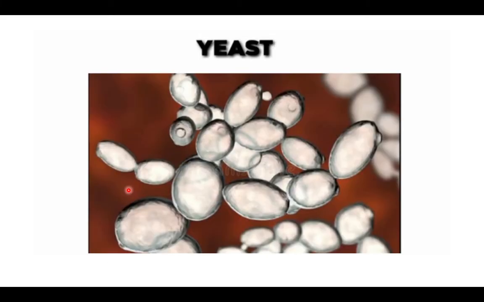And next, this is yeast. Already I told you about the yeast. Yeast is helpful in the fermentation process for the production of alcohol. The fungus like yeast contains the enzymes invertase and zymase, which ferment the sugar molasses into alcohol.